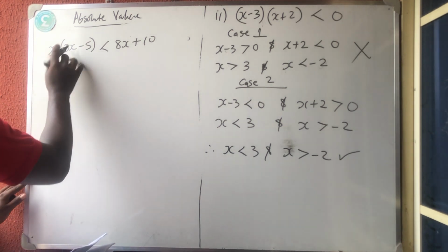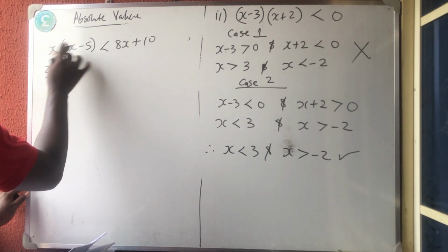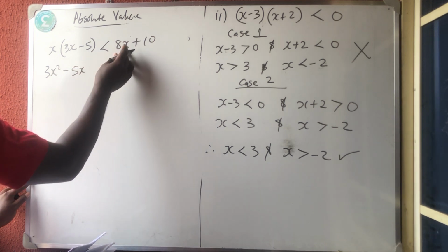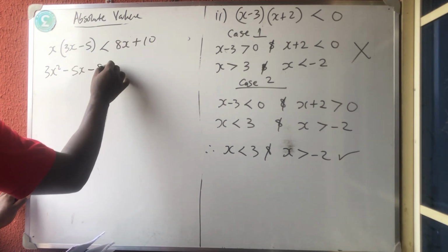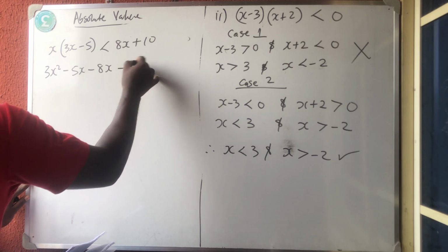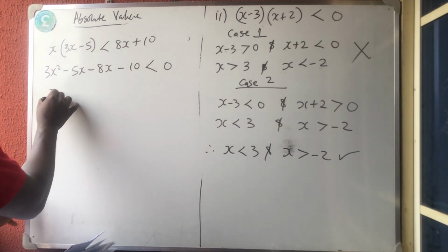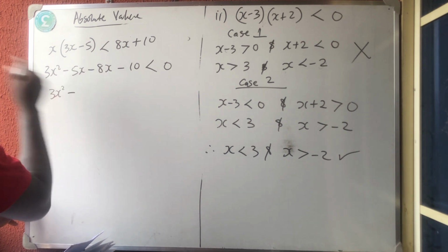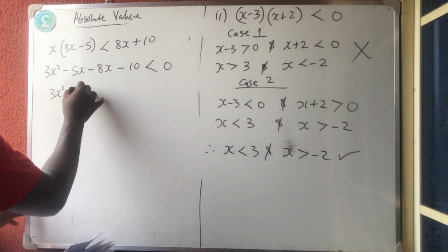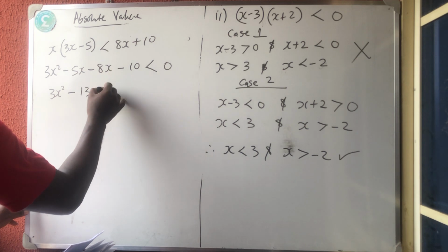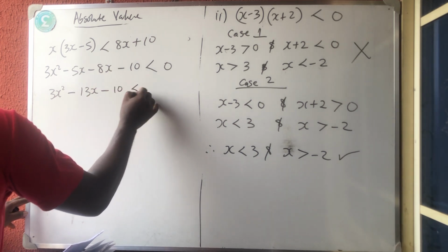So let us clear. This time I'm having 3x squared, minus 5x. This one coming here, I'm having minus 8x. This one coming here, minus 10, is less than 0. So what am I having now? 3x squared. This and this will give me minus 13x. Okay, minus 10 is less than 0.